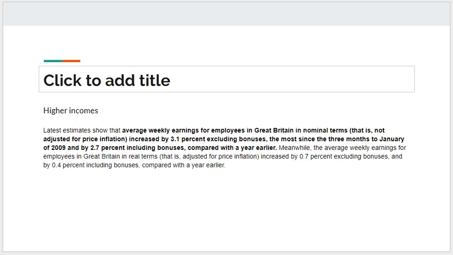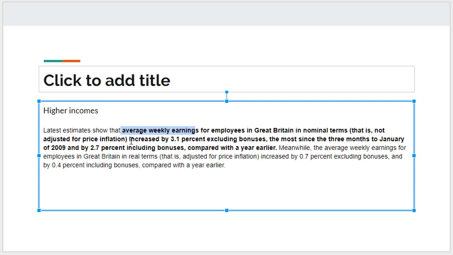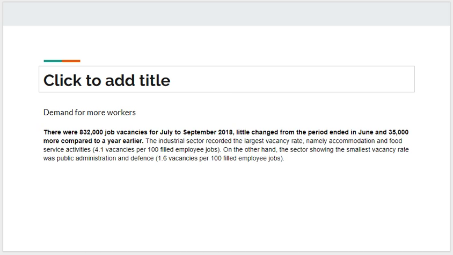And also higher incomes: the average earnings increased by 3.1%. That means the workers get more money, and there were lots of job vacancies for July to September 2018, little changed from the previous period, and more compared to a year earlier.